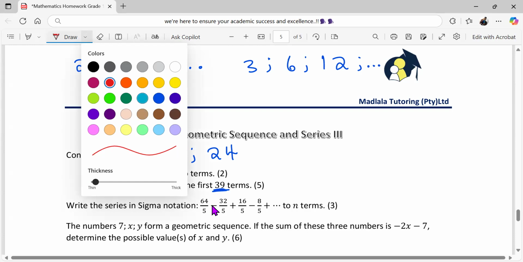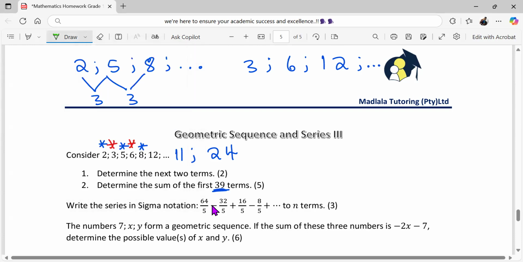Where am I going with this? This is what I want you to realize. If the question had said the sum of the first 5 terms, the first 5 terms would actually be composed of 3 for arithmetic and 2 for geometric. Do you see what I'm saying to you? Because they are alternating, it's not equal terms.